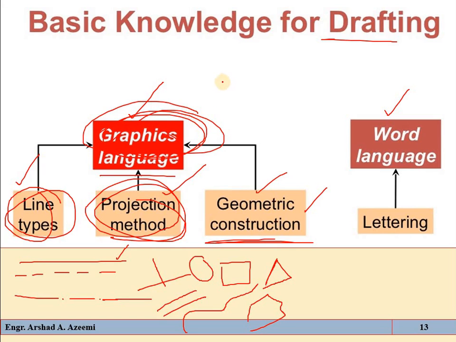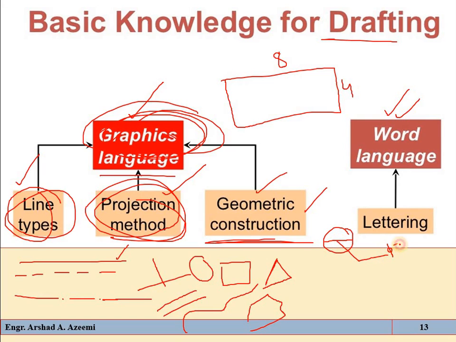Now, if you have drawn a shape, for example a rectangular shape, how will you represent its dimensions, how will you represent that the length is, suppose, 8 units and the width is 4 units? Suppose you have a circle, how will you represent how much is the diameter of this circle? So this is the lettering.